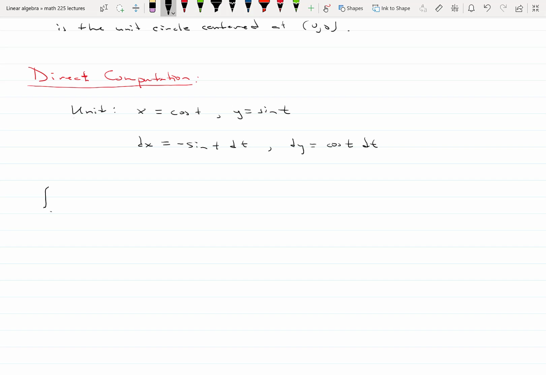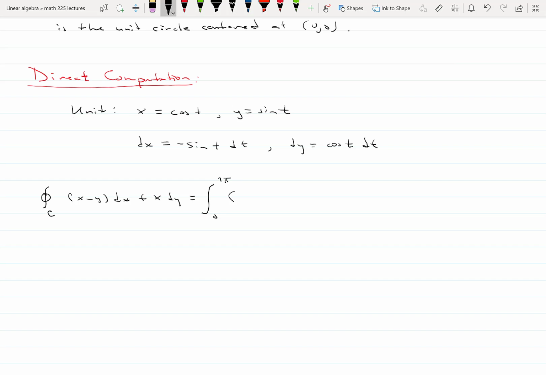So let's do this integral. The integral along the curve C in the positively oriented direction of x minus y dx plus x dy equals the integral, well, to get around the circle, t goes from 0 to 2 pi.